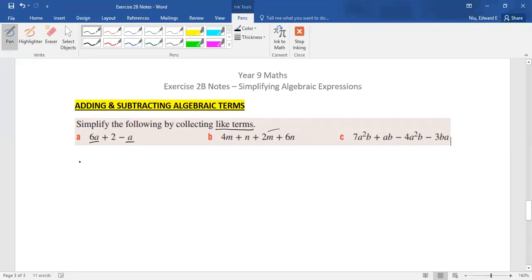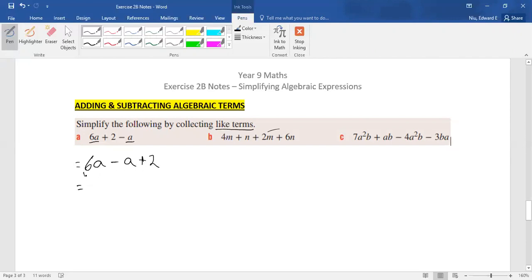So to simplify this, we collect the like terms together. So we have 6a, negative a, which is a 1a here, so imagine there's an imaginary 1 there, plus 2. So we've just rearranged everything.